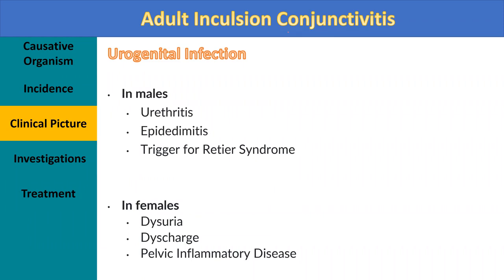So in Reiter syndrome, there will be what's called cross reactivity. When the patient has a chlamydial infection or chlamydial urethritis, antibodies will be released from his body to fight against this infection. These antibodies have cross reactivity to the conjunctival tissue and uveal tissue in the eye.